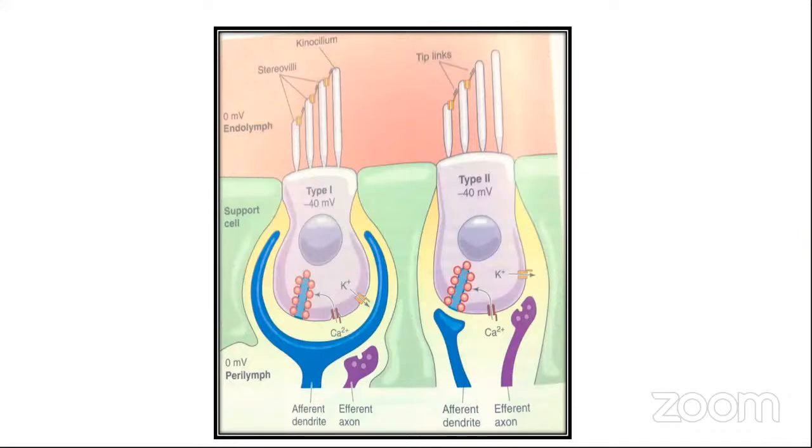You can see the type 1 cells and type 2 cells, and the stereocilia. The short hairs are known as stereocilia. They are interconnected with tip links, and finally this tip link is connected to the kinocilia.